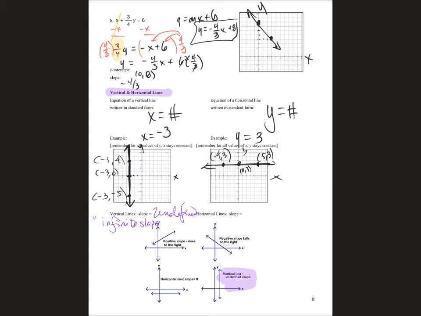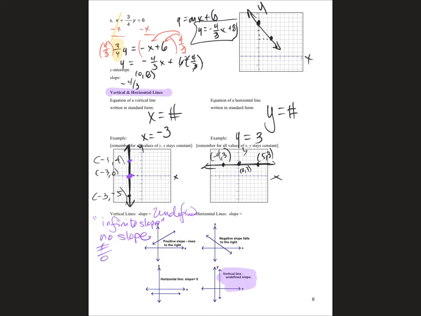If you don't remember that it has no slope, you can actually calculate: pick point 1, point 2, substitute those values into the slope formula, and what are you going to get? You're going to get a number divided by 0. A number divided by 0 is undefined.